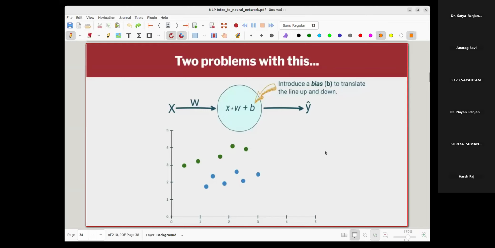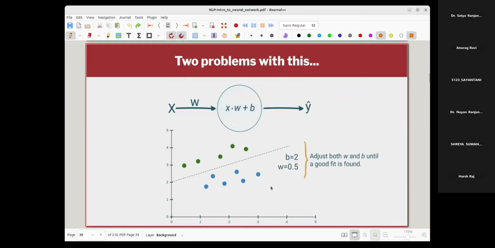Now, instead of finding the best w to take the line that will segregate these two classes, we have to find the best w as well as the corresponding b. What will these two values be, so that we get a line which will segregate the two classes properly?